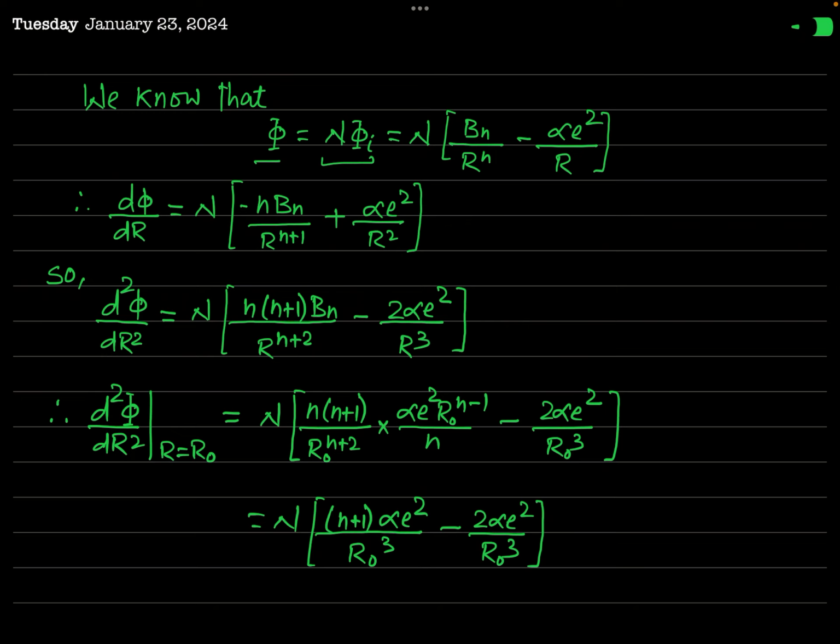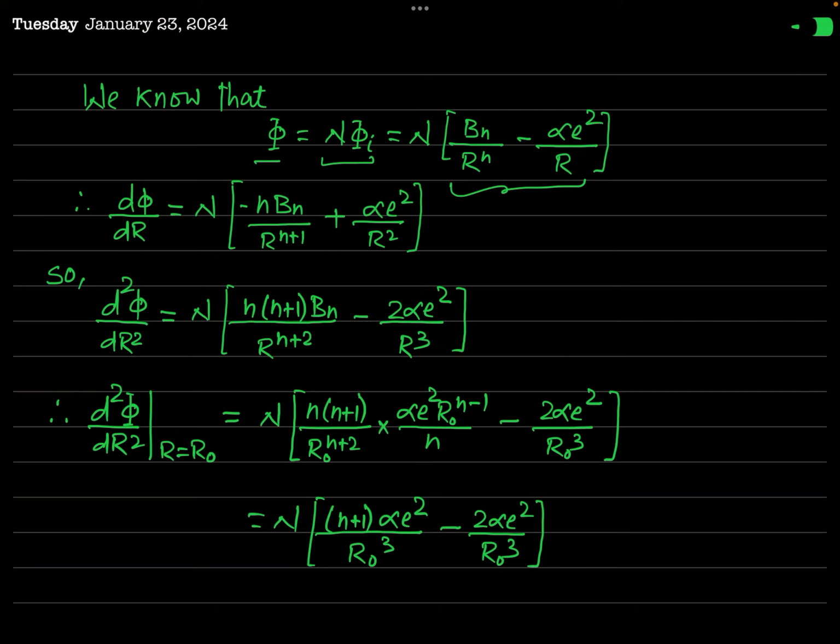And in the previous lecture we obtained the expression for this phi I. So instead of this phi I, you must write Bn over r to the power n minus alpha E square over r.